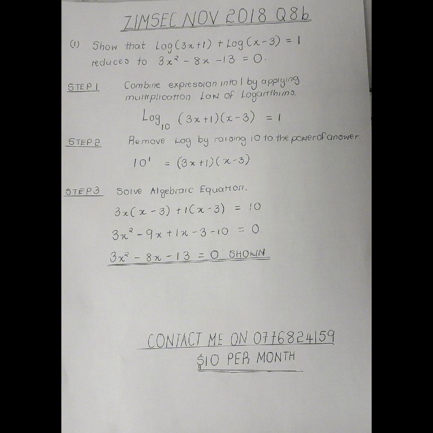If we say -9x + 1x, we are going to obtain -8x. And then -3 - 10, we are going to get -13. So it means that our final answer is going to be 3x² - 8x - 13 = 0. So we have managed to show that the log reduces to 3x² - 8x - 13 = 0.